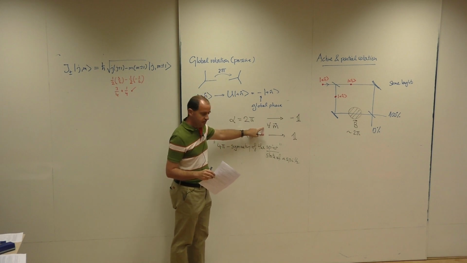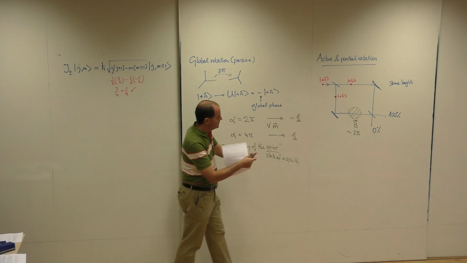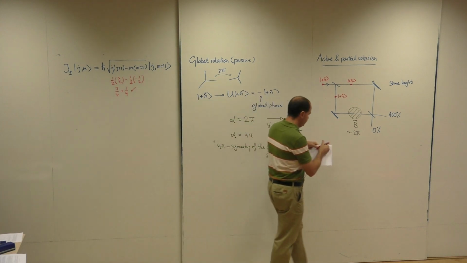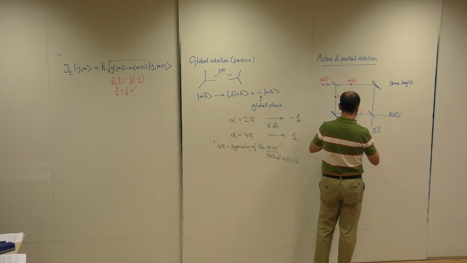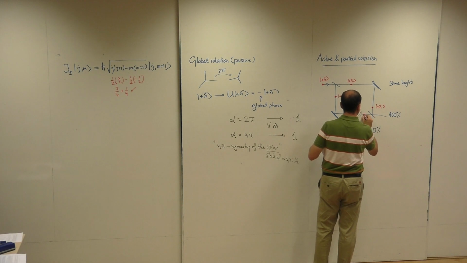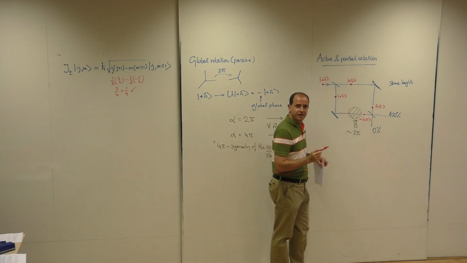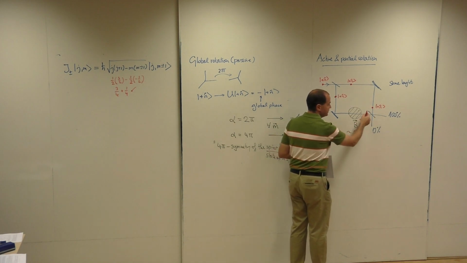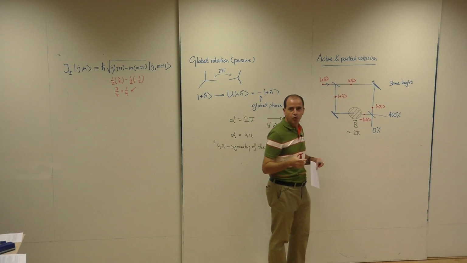So now what has happened? The state of this particle here is still plus n, and here it is minus plus n. You see, it's no longer a global phase because it affects only this part of the wave function, not that part. Of course, this can only be done if there is more than the spin.